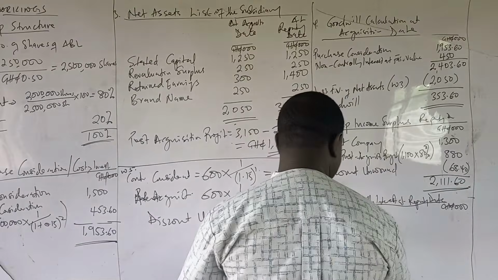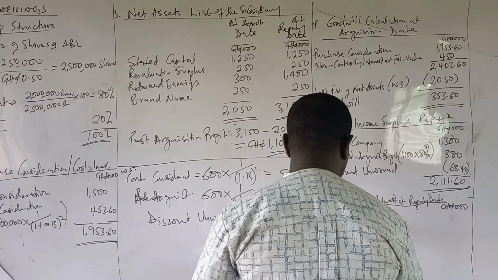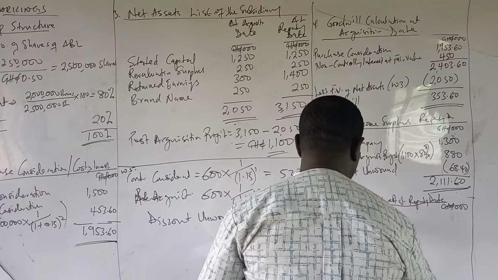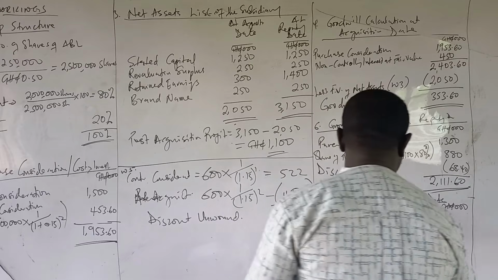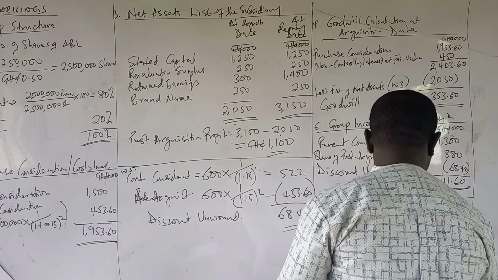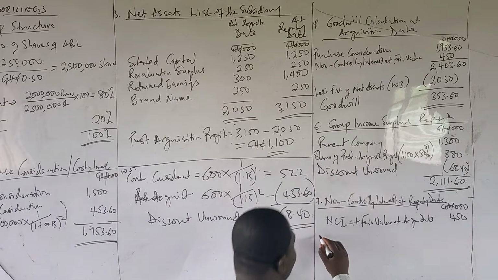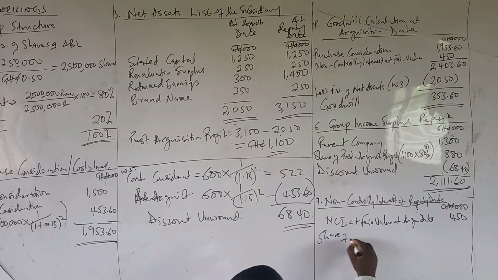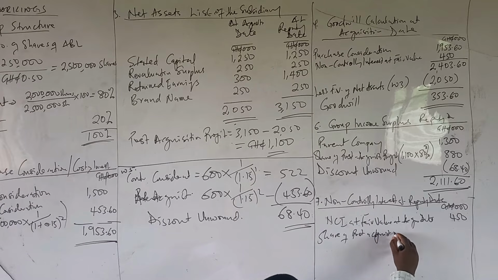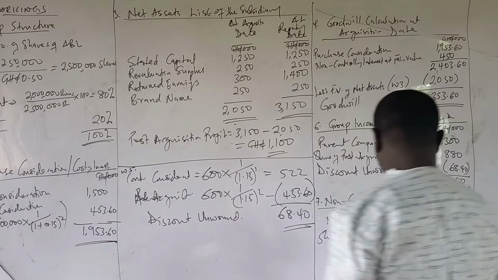So we'll say that NCI at fair value at acquisition date, that is 450. And then we'll say their share of post-acquisition profits, which is 20% of 1,100 that we had from the net asset list.